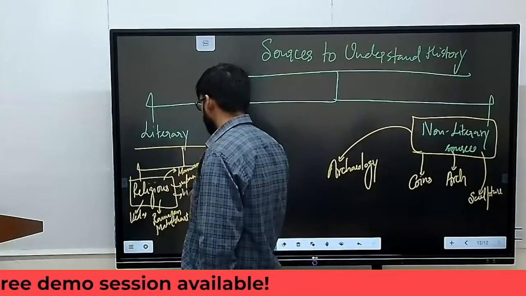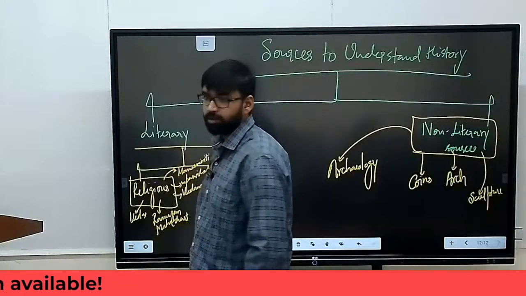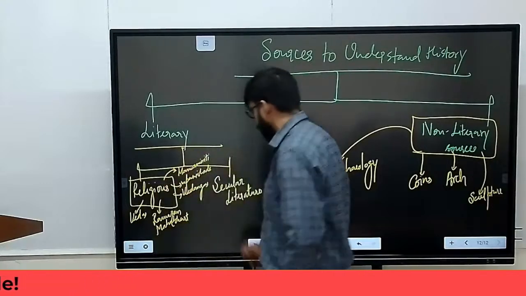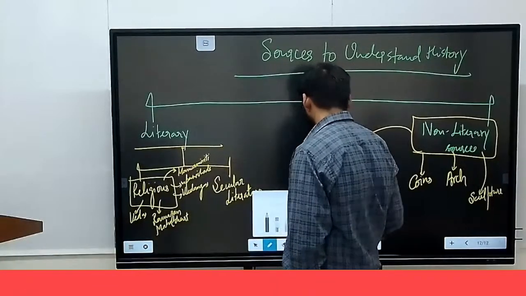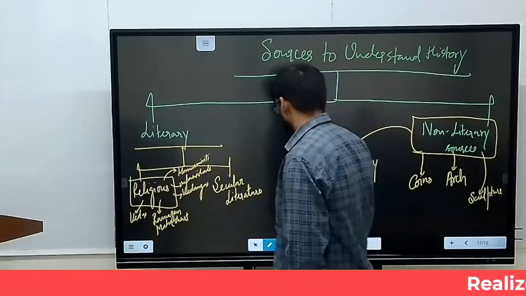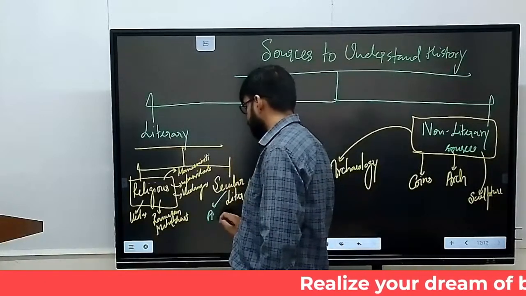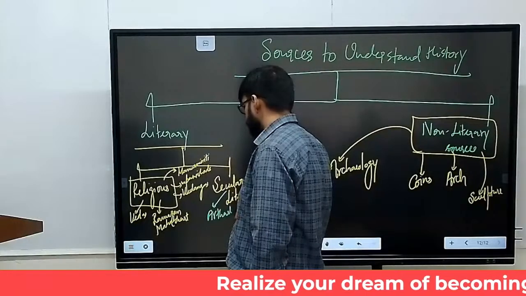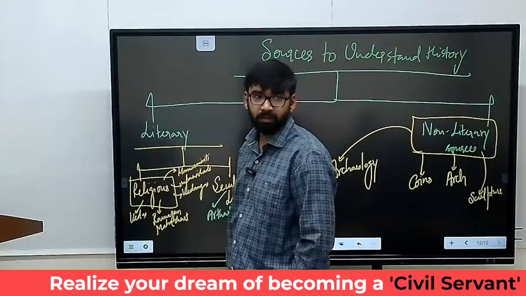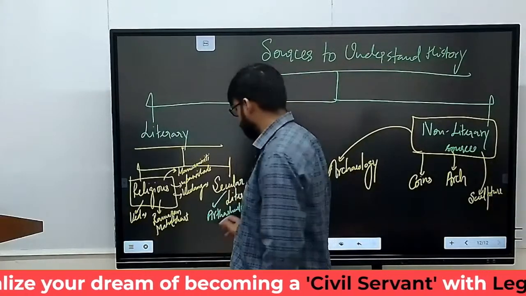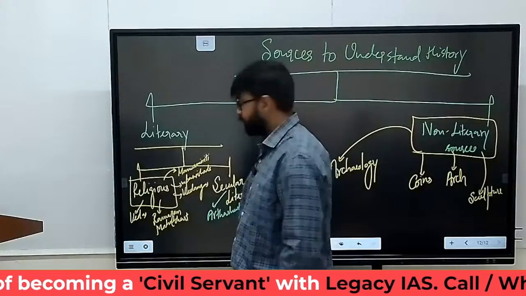Then Vedangas are religious literature. Now, secular literature. Secular literature is like Arthashastra, written by Chanakya, Kautilya, which is a law book which talks about politics and administration.